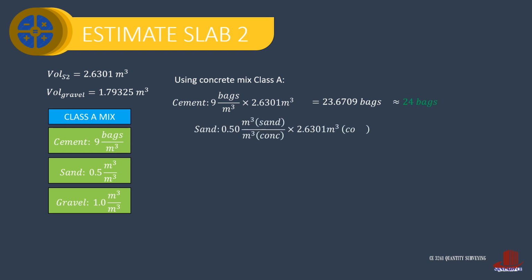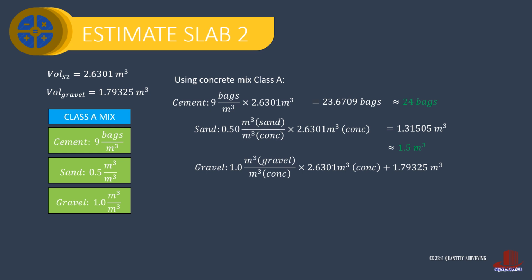Sand is then 0.50 of the volume, giving 1.31505 cubic meters, rounded to 1.5. Then gravel is 1 times 2.6301, with the volume of the gravel bed, which is 1.79325, resulting to 4.42335, or 4.5 cubic meters.